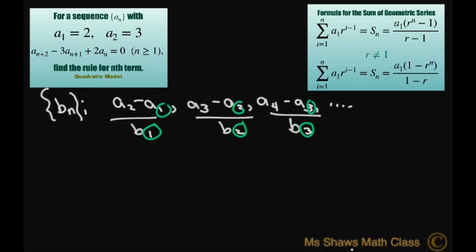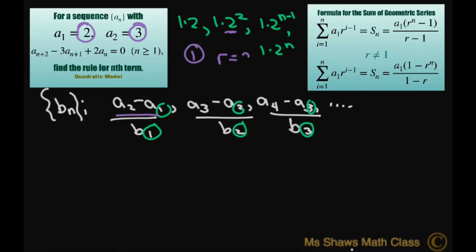So since this is a geometric sequence, because we basically had 1 times 2, 1 times 2 squared, then 1 times 2 to the power of n minus 1, and then 1 times 2 to the power of n. My first term is 1, because a sub 2 minus a sub 1, so that's 3 minus 2 is 1, and my common ratio is 2.